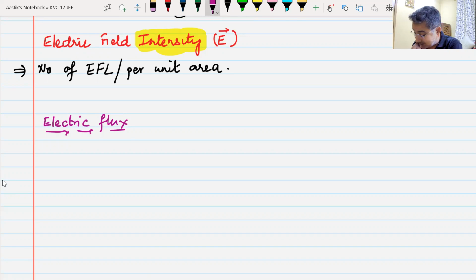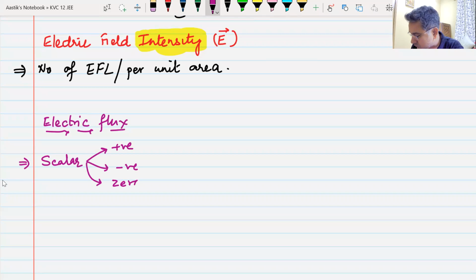Now, electric flux is a scalar quantity. A scalar quantity can be positive, it can be negative, and it can be zero. Because it's a scalar, it's a number. What determines whether it is positive or negative or zero?